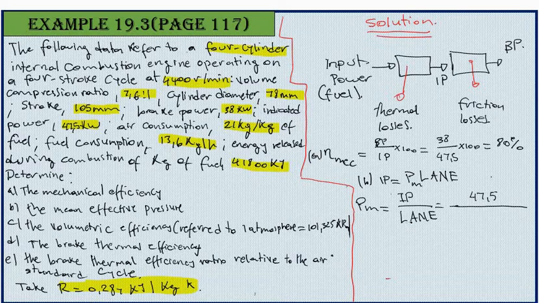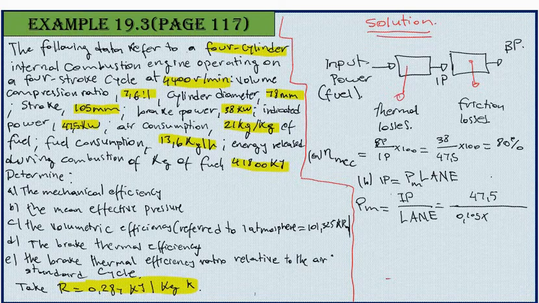So we have the stroke and the area. If we read properly, we can see that the stroke is 105, so I need to convert that into meter. So we have 0.105 multiplied by the area, which can be calculated from the diameter.